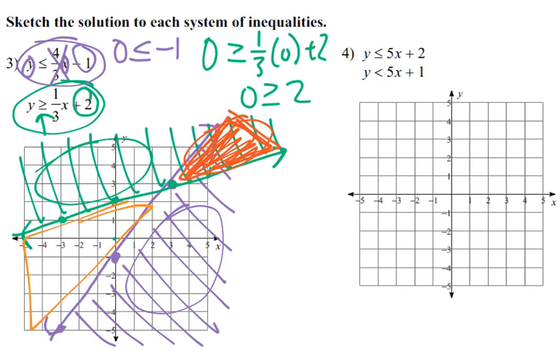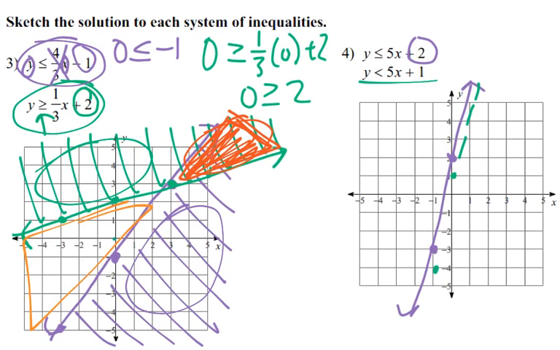Okay, so let's take a look at number 4. Same idea. Plus 2, so go up 2. It's 5x. So up 5 and to the right 1, or down 5 to the left 1. Equal to, so I draw my line. Then I do the next one. Plus 1, so I start at plus 1. Down 5 to the left 1.